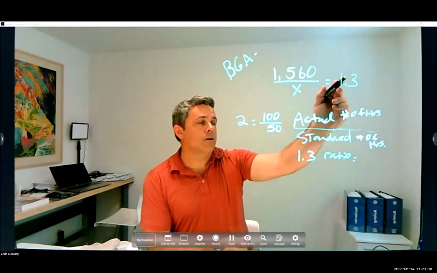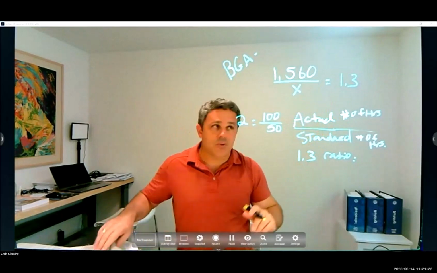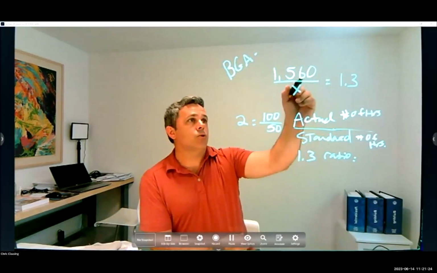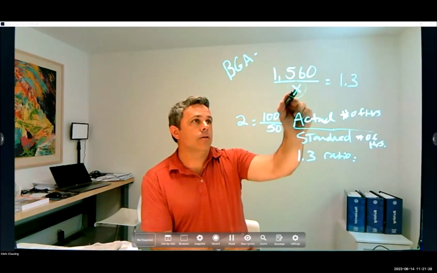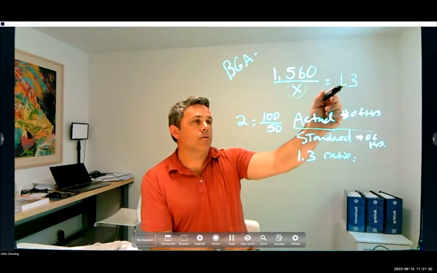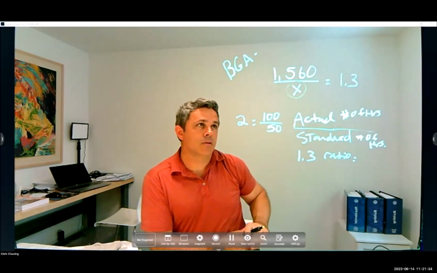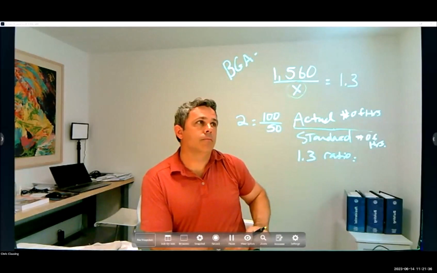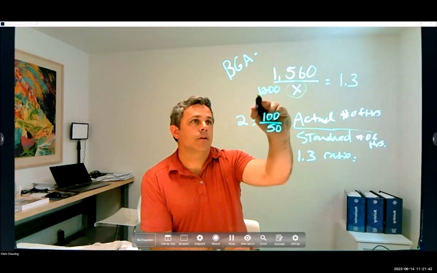So what you can do at that point is figure out what number is going to give me 1.3. That's 1,560 divided by 1.3, which gave me 1,200. That's how many hours this should take. Exactly. That's the standard.